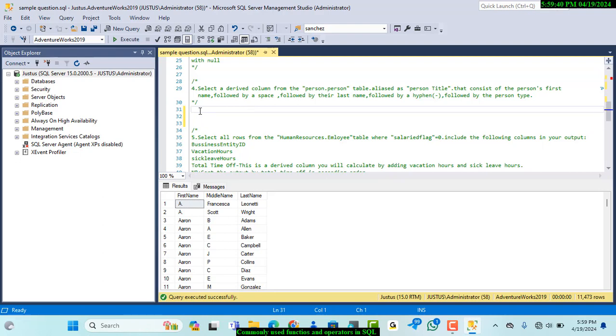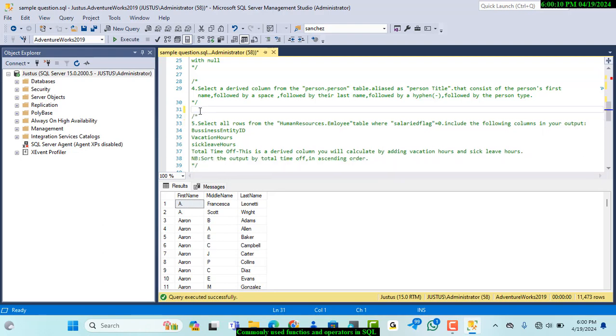The concept of CONCAT with separator. Basically the concat is being tested: how to combine more than one column. That's what we call concat.